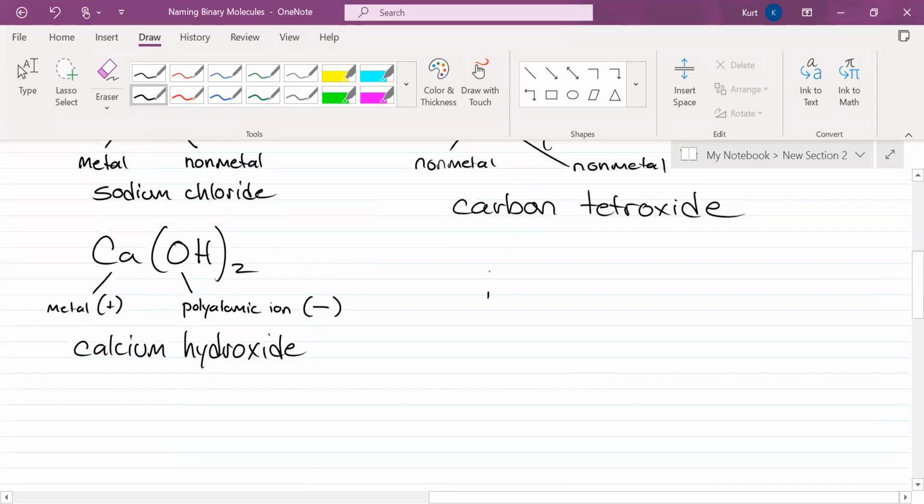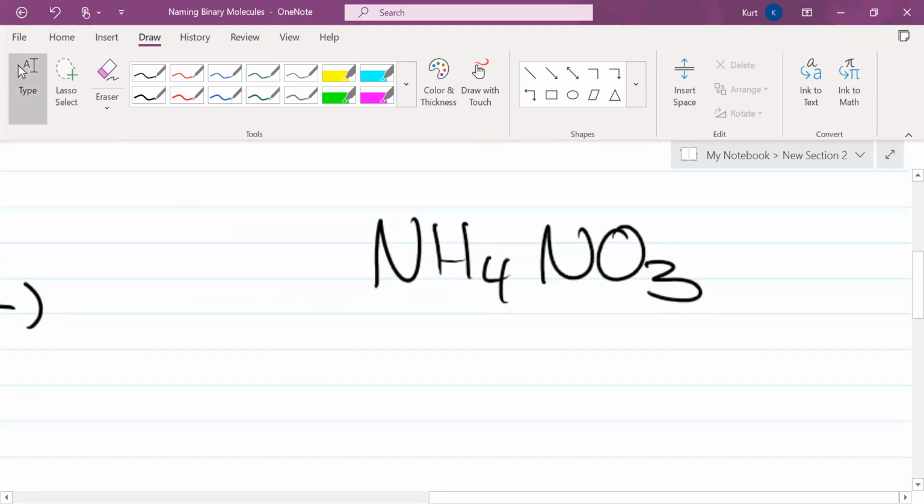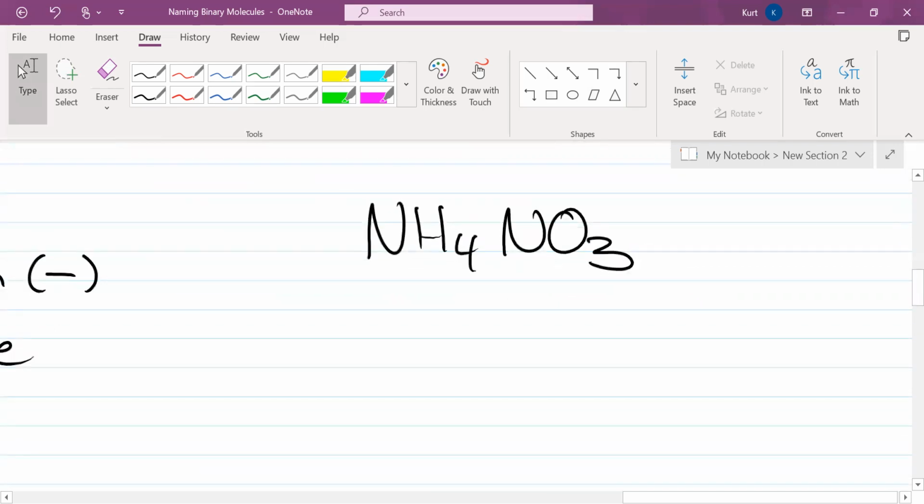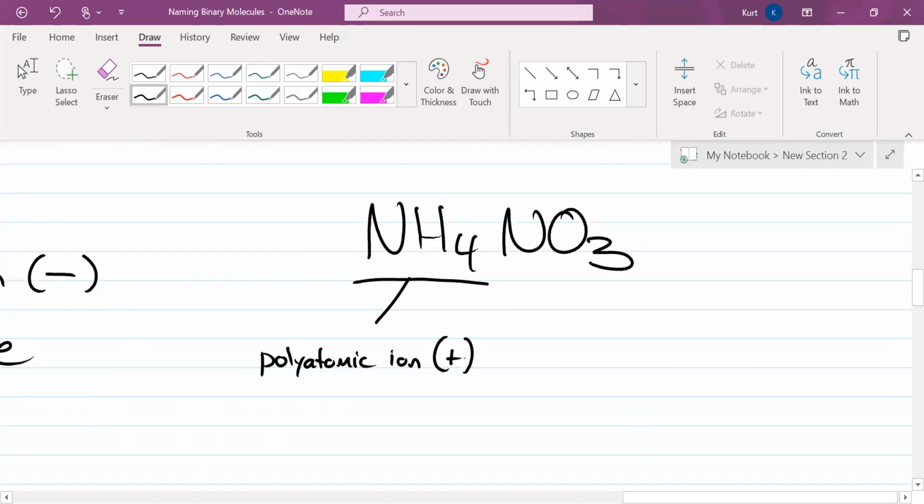How about this? Ooh, that's a tough one. NH4NO3. What do you see? Francis? All right, what are the ions then? Very good. What is that called? Very good. This is a polyatomic ion, and it's going to be your positive one. The positive always comes first.